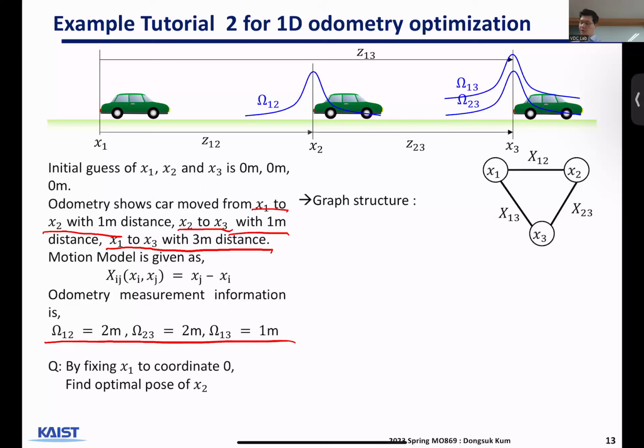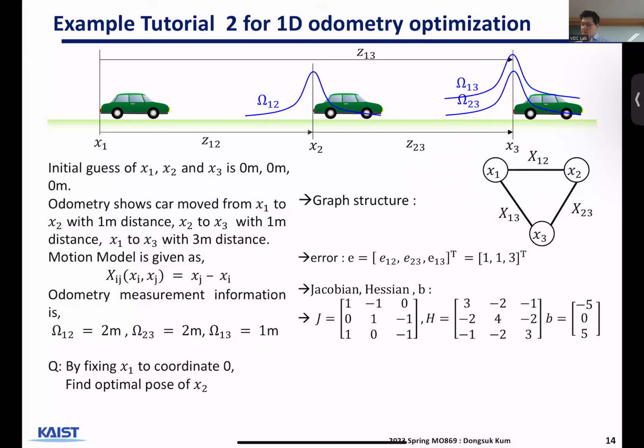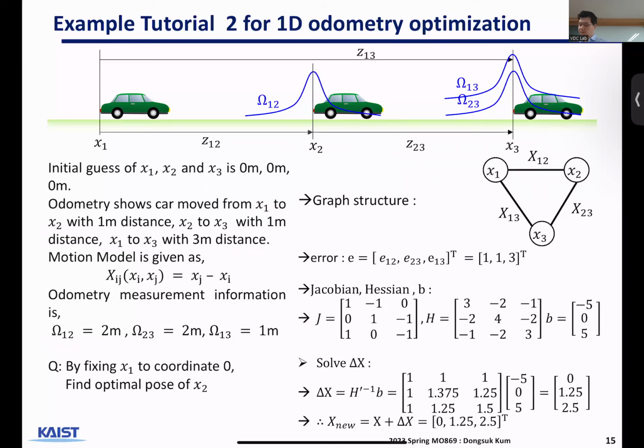So if you work this out, just like we did in the previous example, compute error, compute Jacobian, H, Hessian, B, and solve for del X, then this is what you get, okay? So what does that mean?